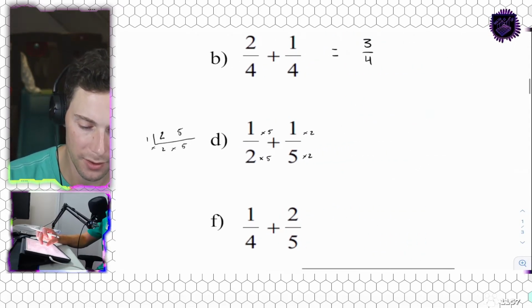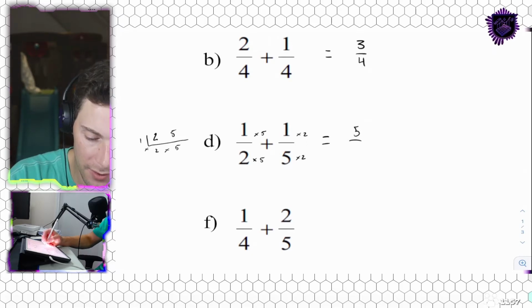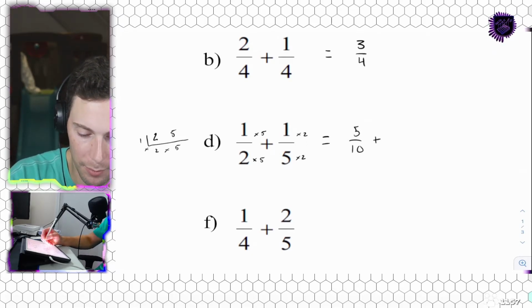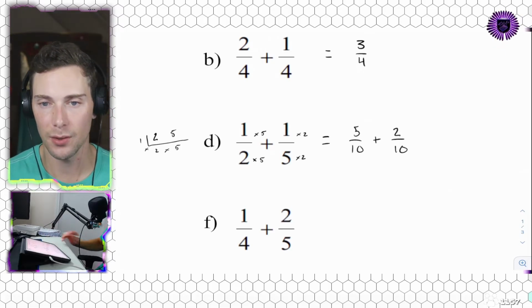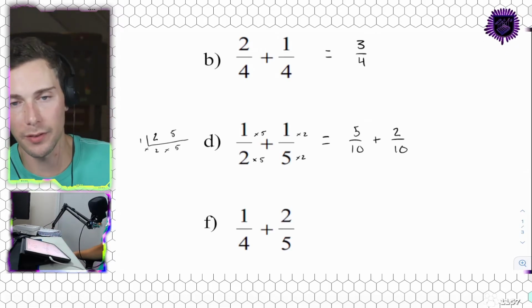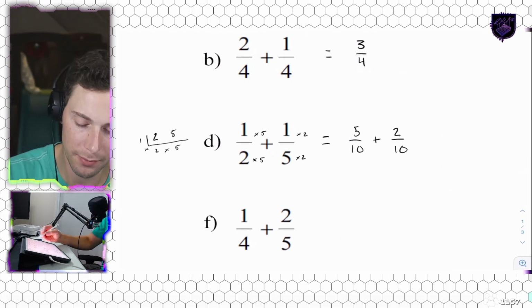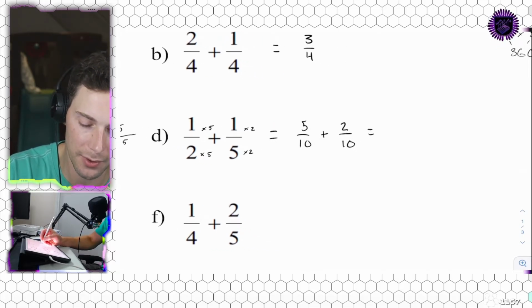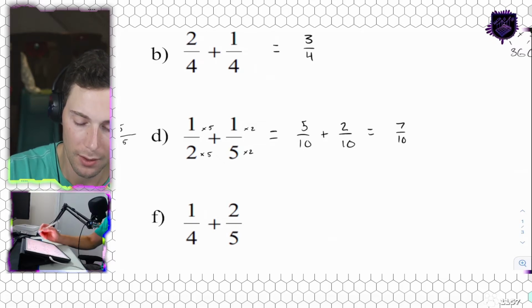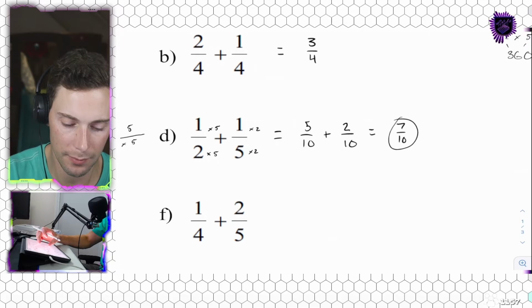And this is going to bring us to equivalent fractions. So this is going to be equal to 5/10 plus 2/10. And so we've created two equivalent fractions, but now they have the same denominator. So hooray, we've done it. Now we just simply need to add the tops. So this is going to be 7/10. And it does not simplify any further. Circle my answer.